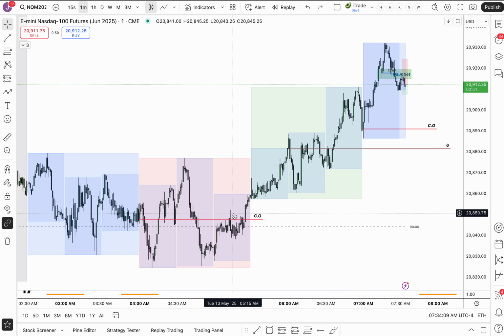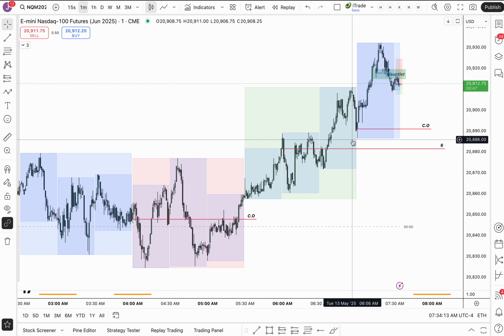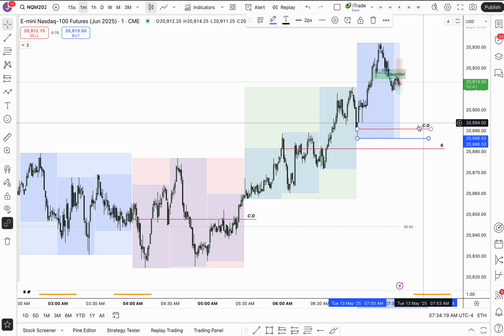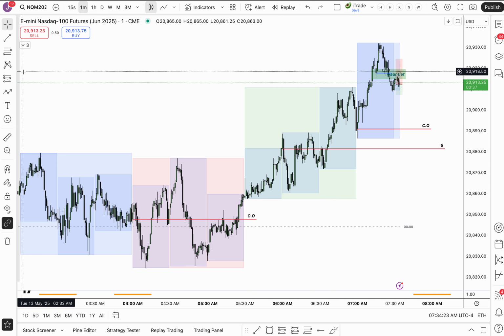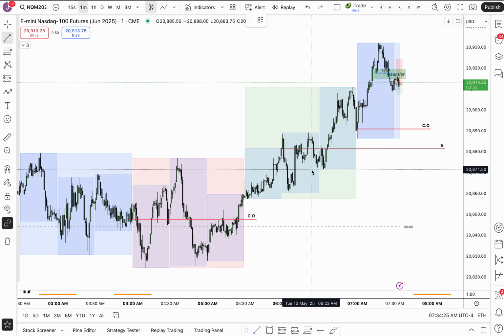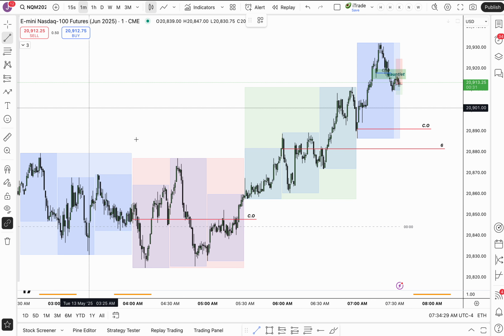And then in this particular case, this is all low resistance liquidity. So your first target here, previous 30-minute cycle, I wouldn't target these individually because they're all just low resistance.